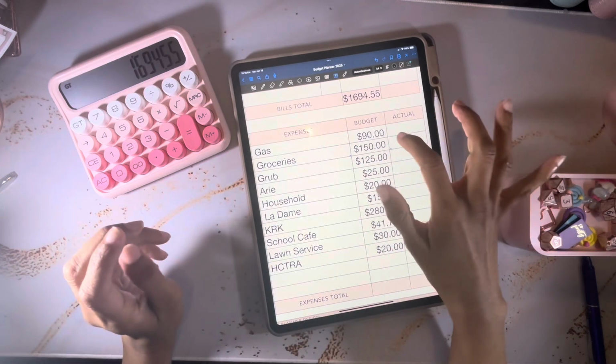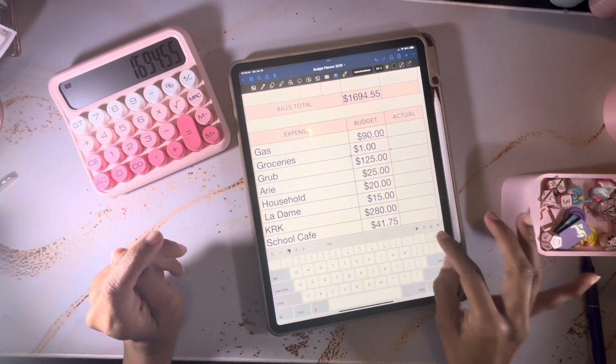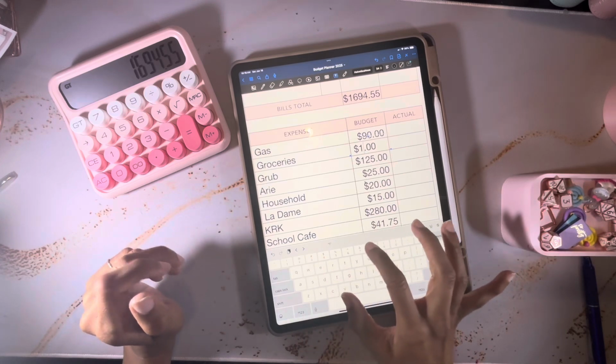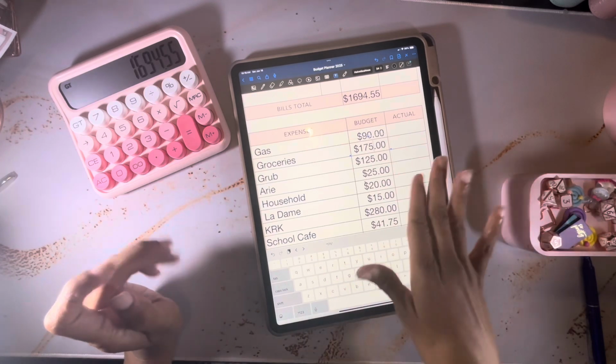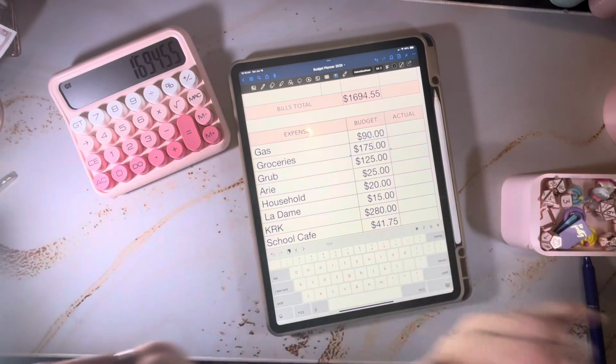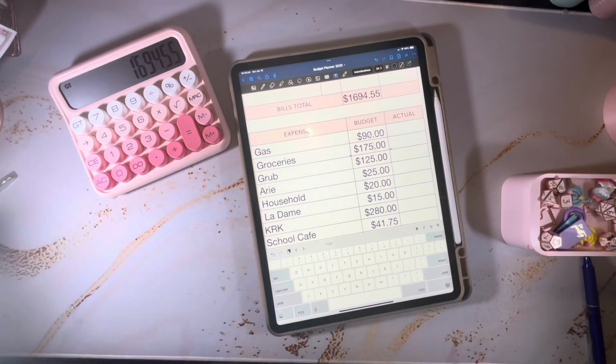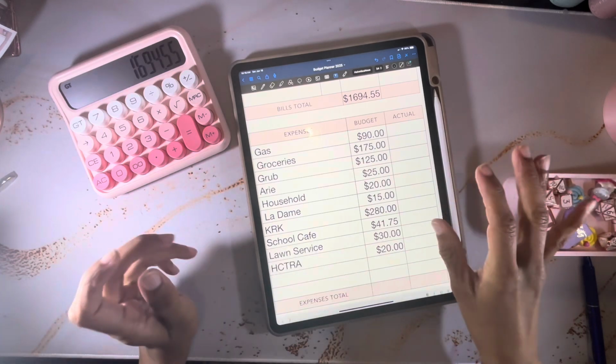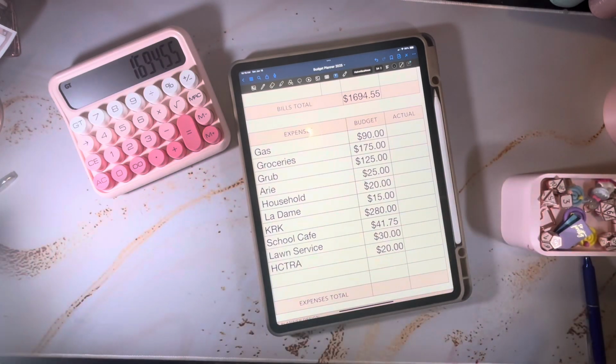With groceries, this budget was up to $175, and it may go up to $200 here soon, because $175 is still not enough. I'm still spending most of it, and I'm not getting a lot for that $175.